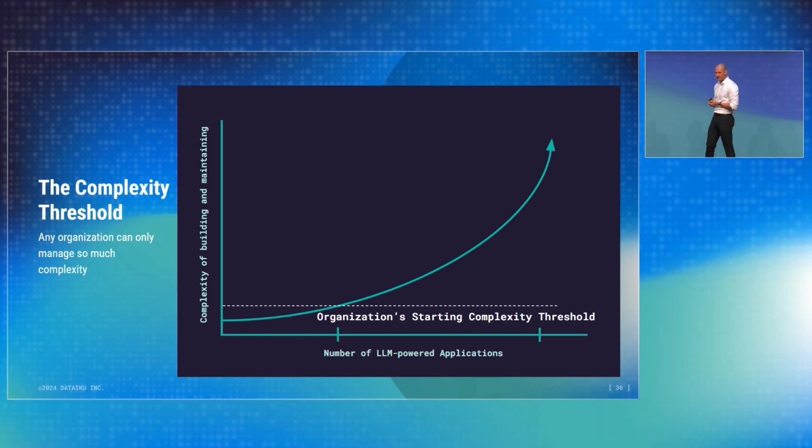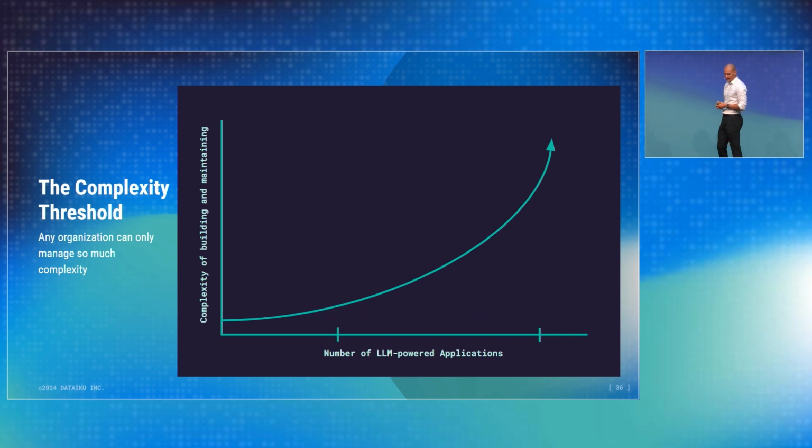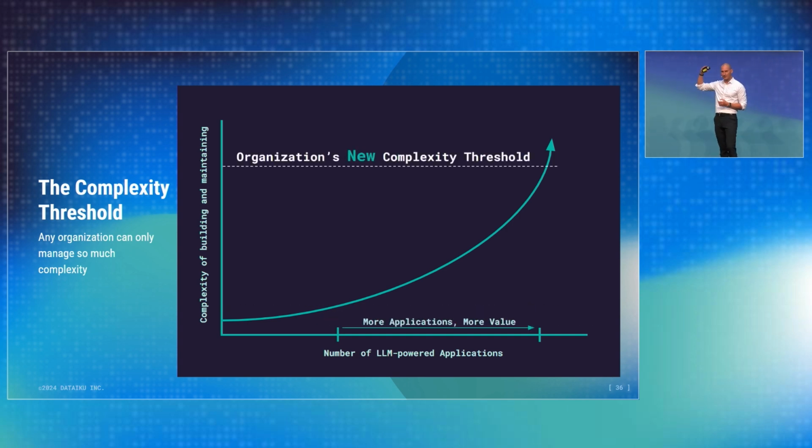But at some point, you will hit a complexity threshold, at which point you're no longer able to build new applications because your people are busy maintaining the status quo, making sure those somewhat complex architectures still hold together. So we need to find a way to raise this complexity threshold. We need to find a way to allow the businesses to build more applications in order to get to this desired state where we roll out those LLM-powered capabilities more or less to every single user in your company.